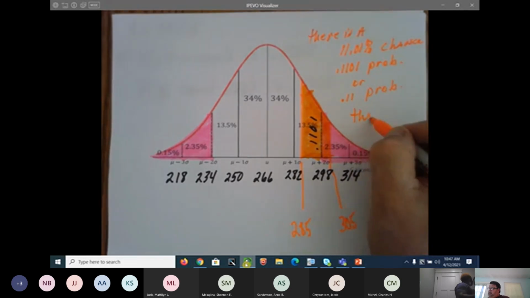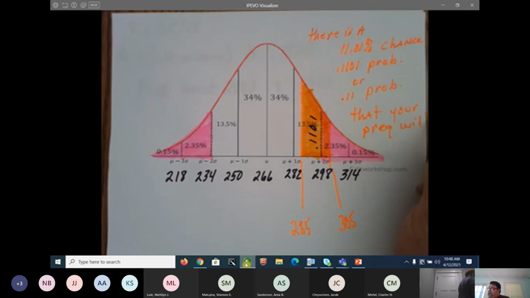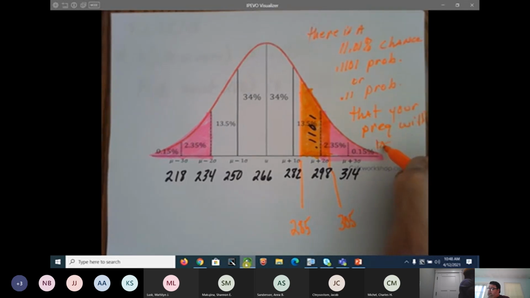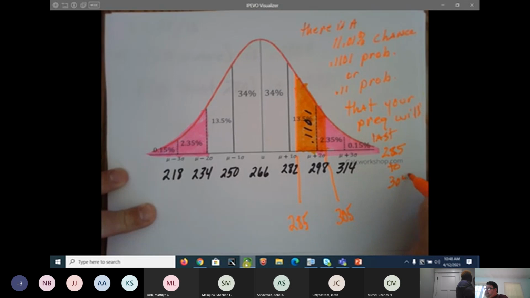that your pregnancy will last at 285 to 305.